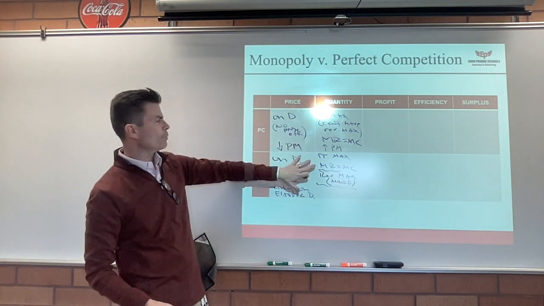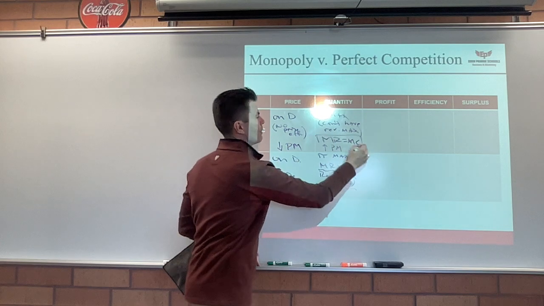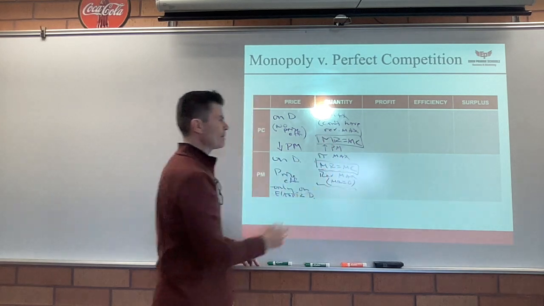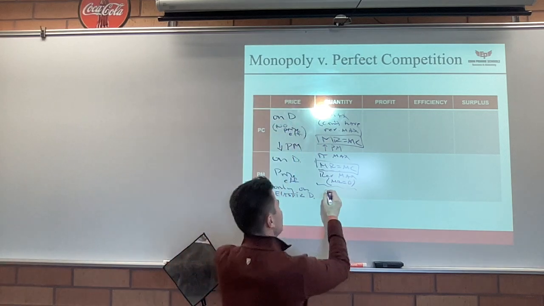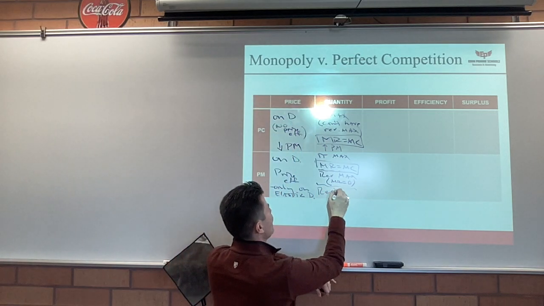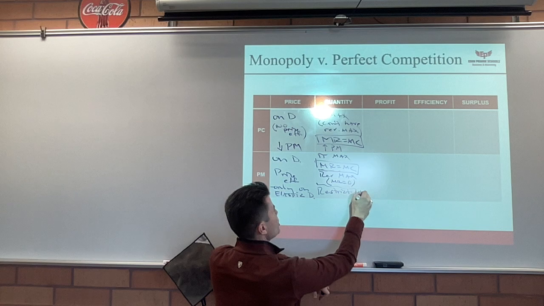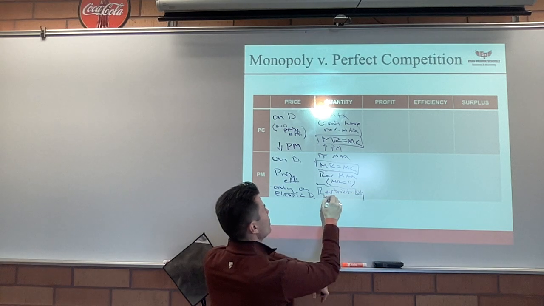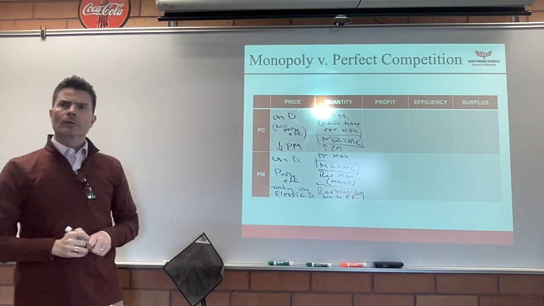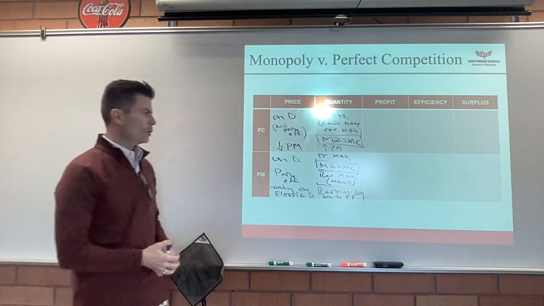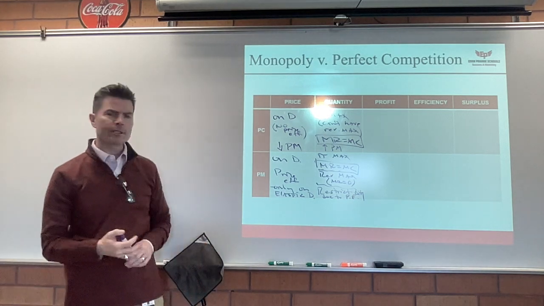Even though both produce where MR equals MC, you still have a difference in quantity. The reason is that you restrict your quantity due to the price effect.